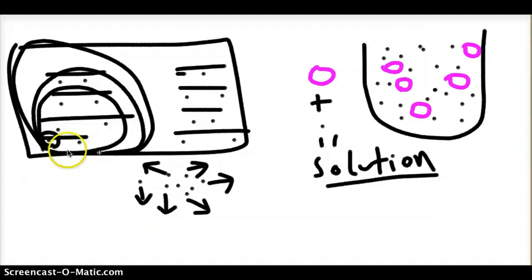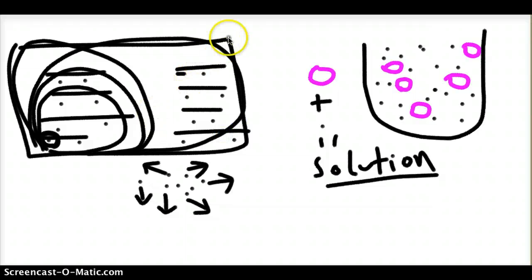As you can see, it goes from the high concentration, which is here, the very first place the guy was, to the lower concentration, which is over here, right at the corner.